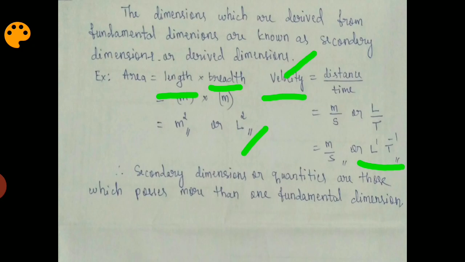For L there is always power 1, but more than power 1 we can use 2, 3 or 4. As you can see on the screen, secondary dimensions or secondary quantities are those which possess more than one fundamental dimension.